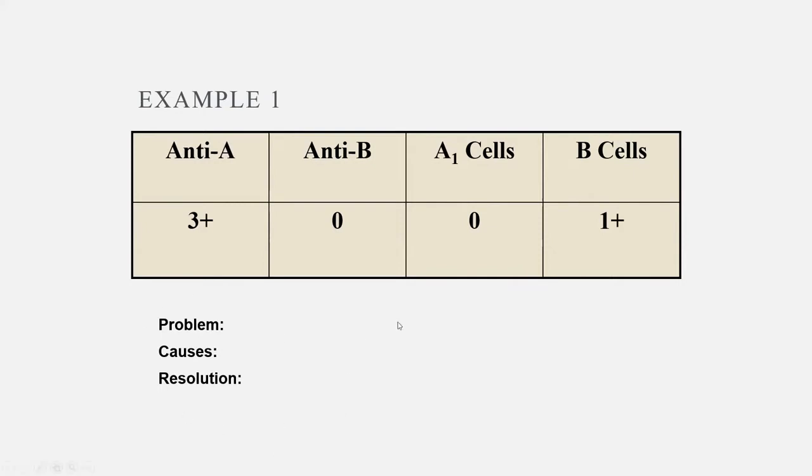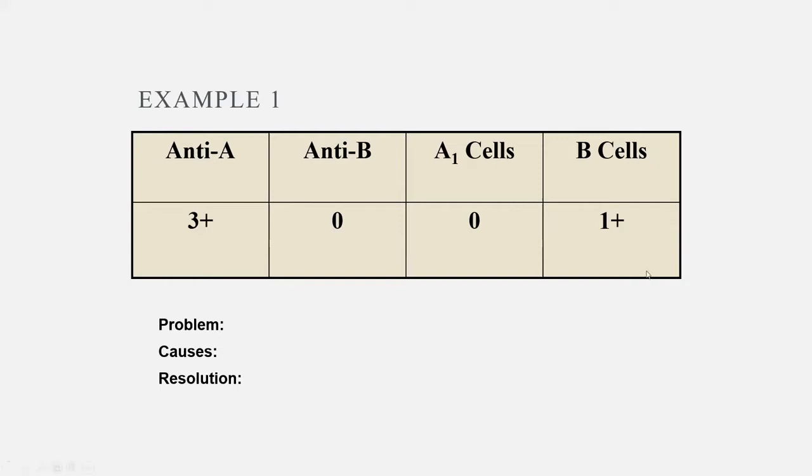So how would you resolve this, does anyone know? Well, you want to look at history or whatever the demographics are, and if it's an older or immunocompromised patient, because you have a weak reaction, you would incubate for longer: either 15 minutes at room temperature or 15 minutes at 4 degrees.